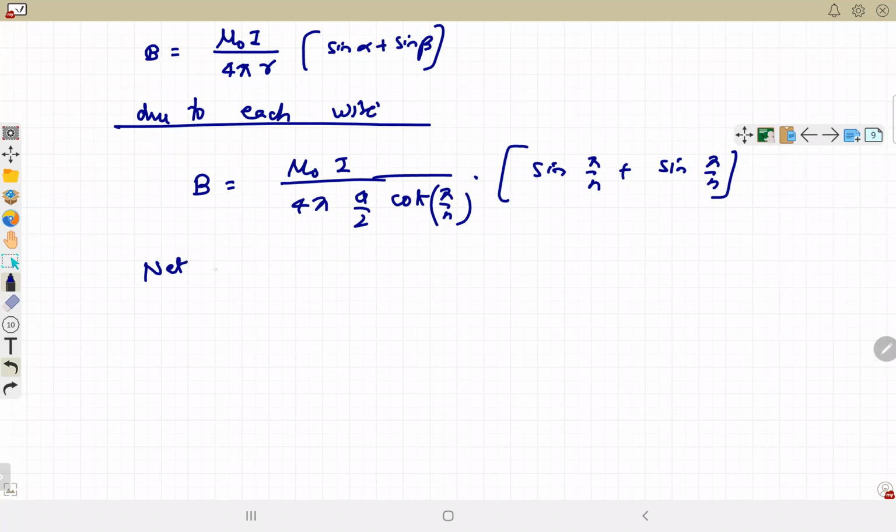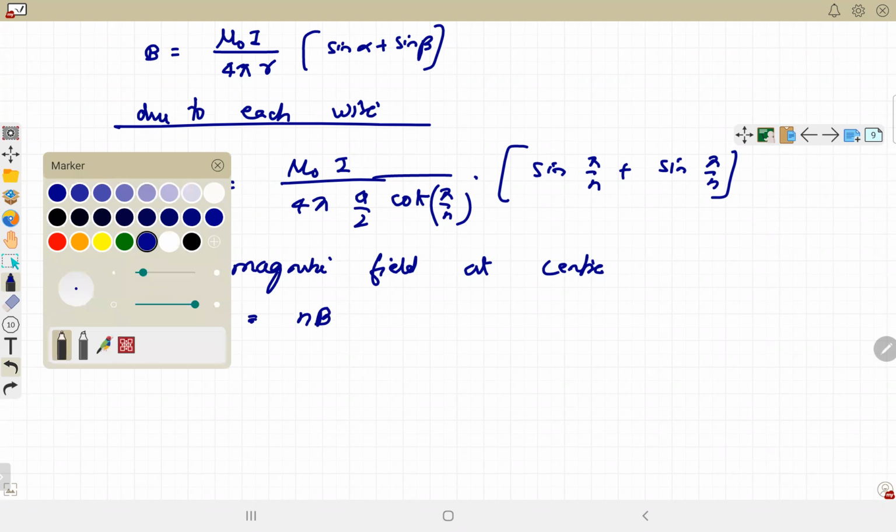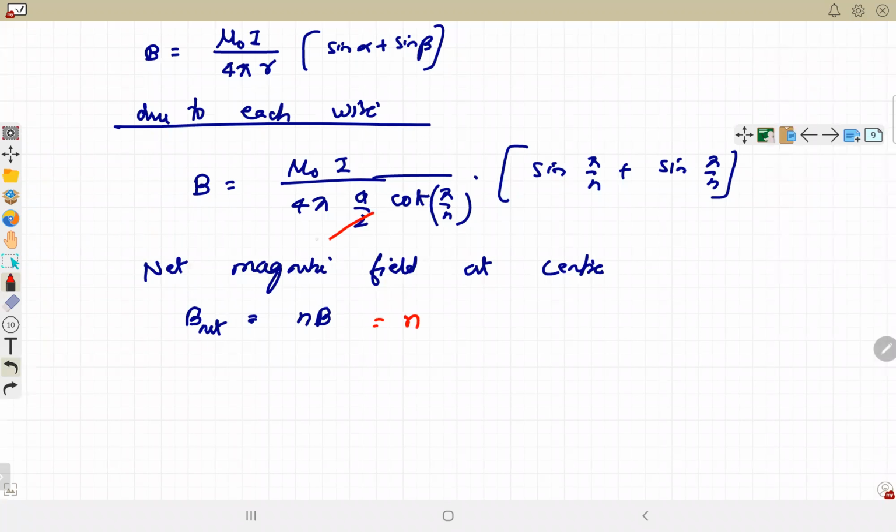Net magnetic field, we will multiply by n. Net magnetic field at center, this will multiply with n, it becomes n times B, and that will be n into mu naught I divided by 2 pi a into cot pi by n into 2 sin pi by n.